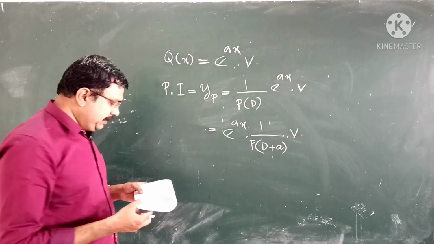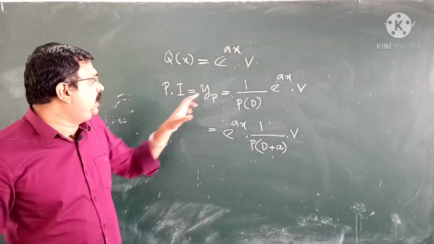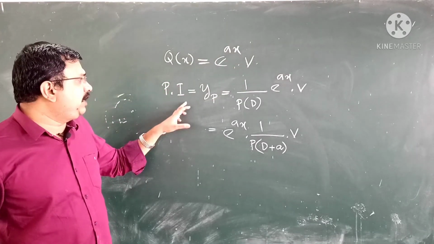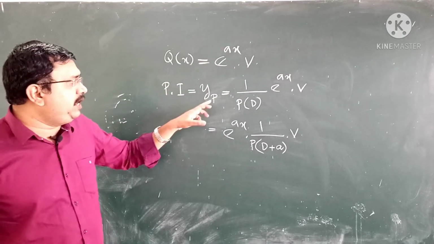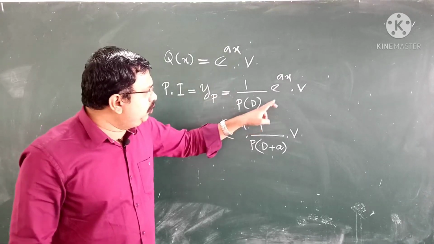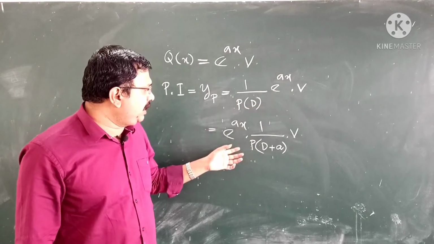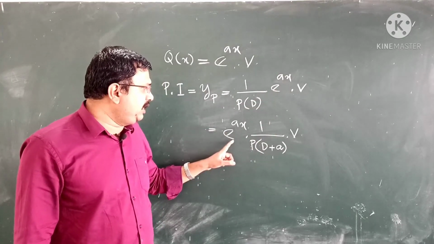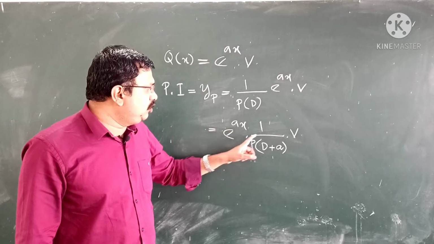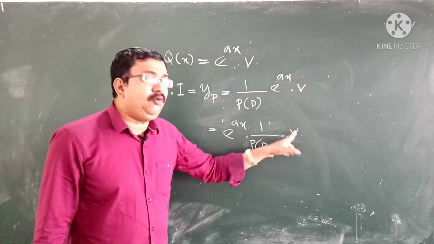Remember that when q of x equals e raised to ax into v, then the particular integral yp is equal to 1 by p of D into e raised to ax into v. This can be calculated by using the equation e raised to ax into 1 by p of (D plus a) into v.